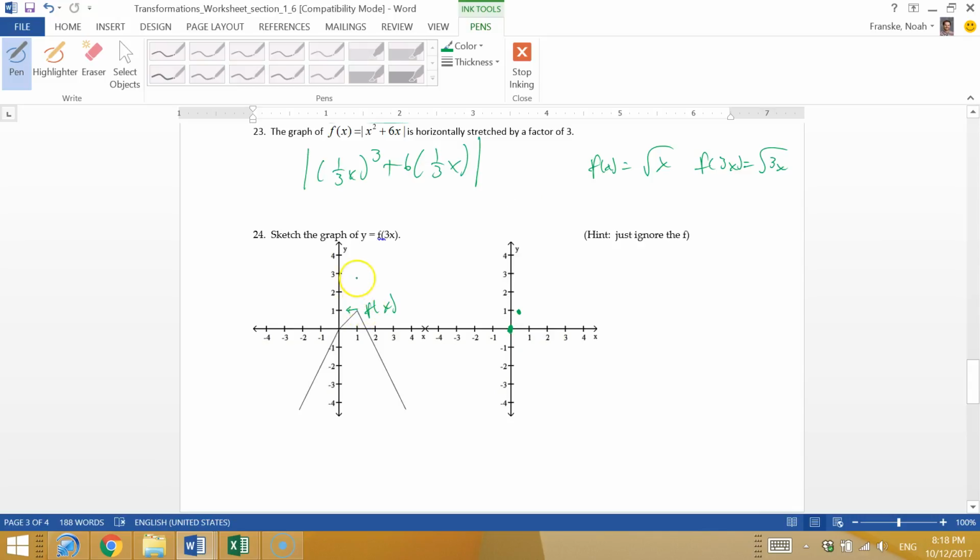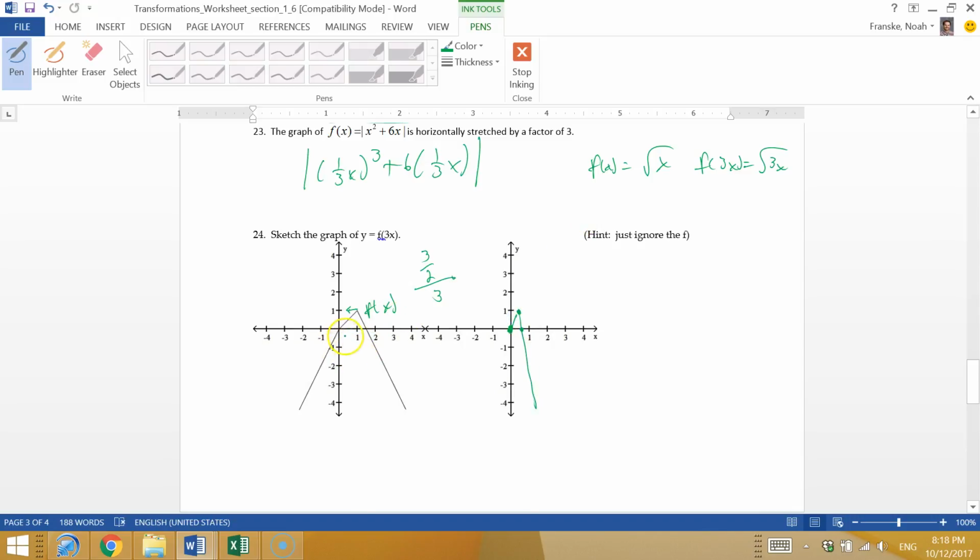Hold up. 1 went down to 1/3. 1.5, which is 3 halves, divided by 3 is 1/2. So we got a 1/2 there, at 0. Yep. Okay, so we come up and then we come down like that.